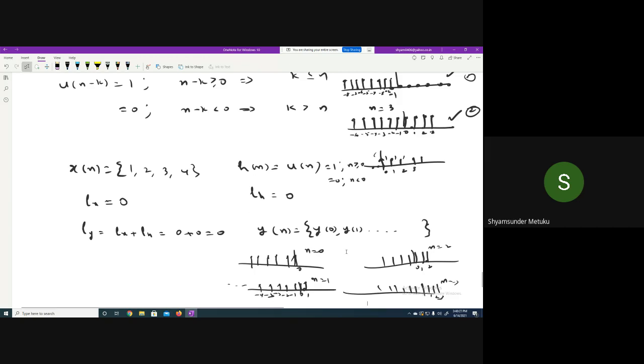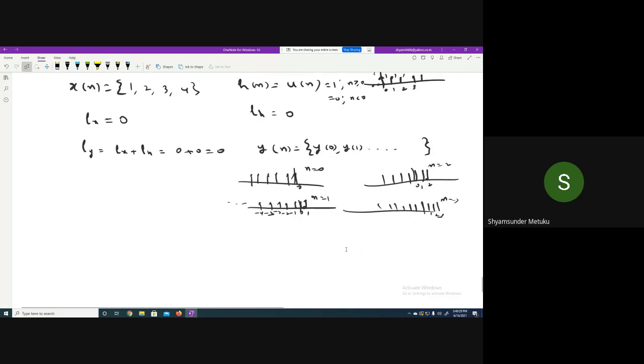How long should n be taken now? In my given requirement, n should be taken up to infinity, no? So can I calculate infinite points in the exam? No, sir. That is the reason what we are supposed to do is simply write the equation x of k, h of n minus k.